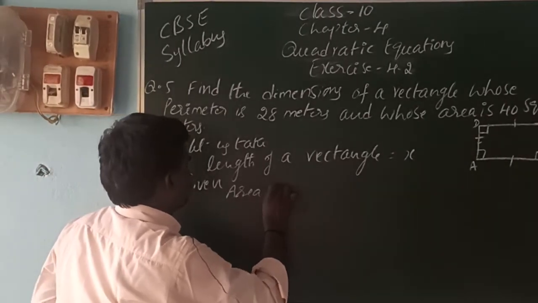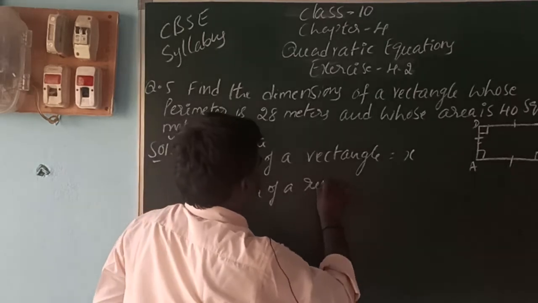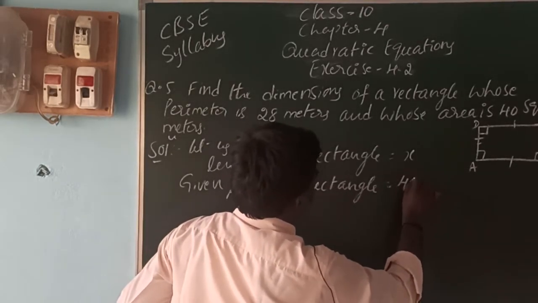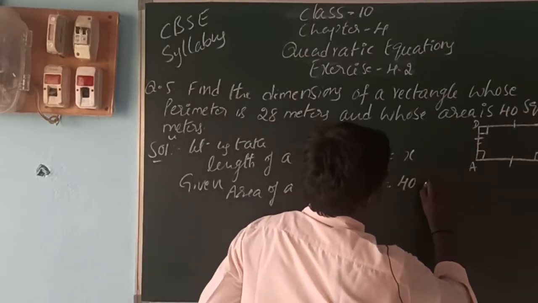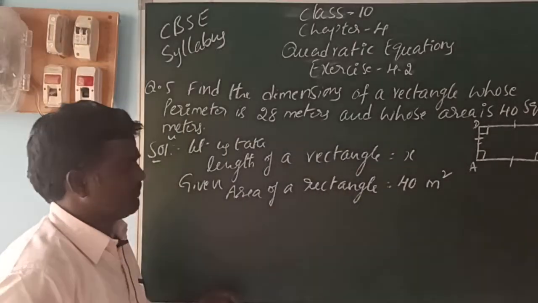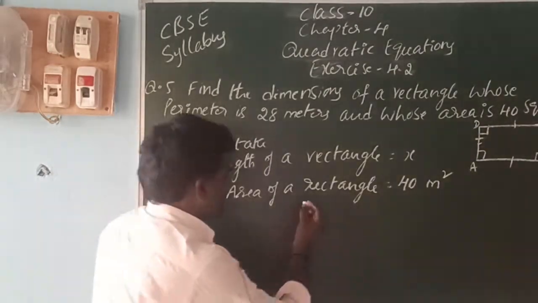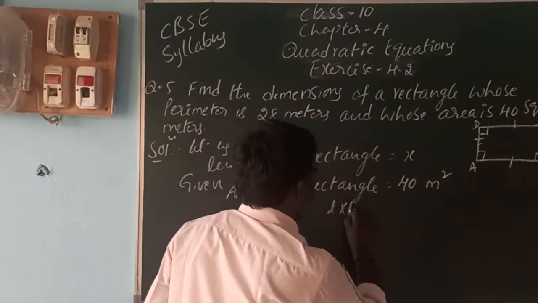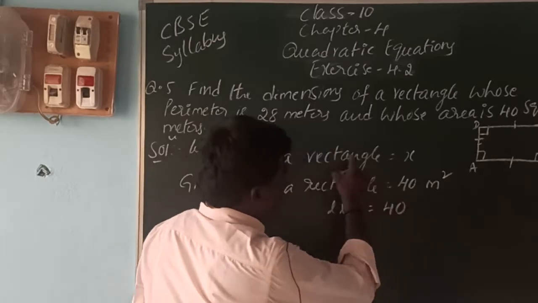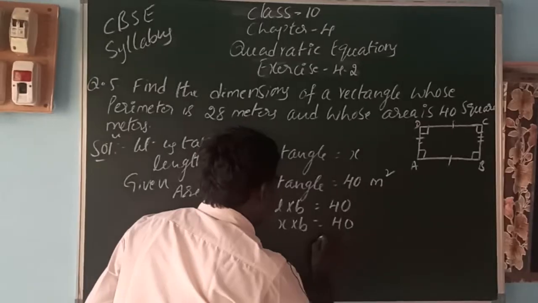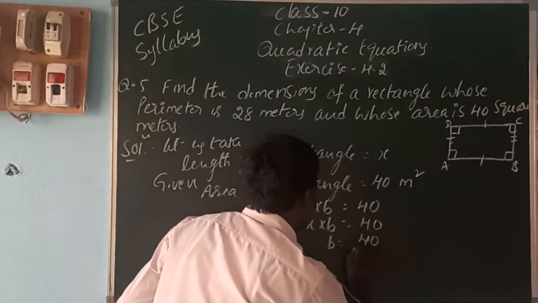Area of rectangle is how much? They given 40 square meter. So here area of rectangle formula is L into B. So L into B is equal to 40. The length how much we take here? x. x into B is equal to 40. B is equal to 40 by x.